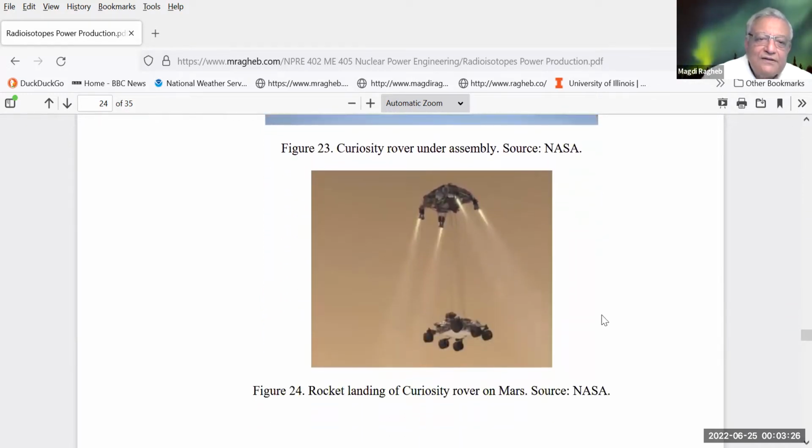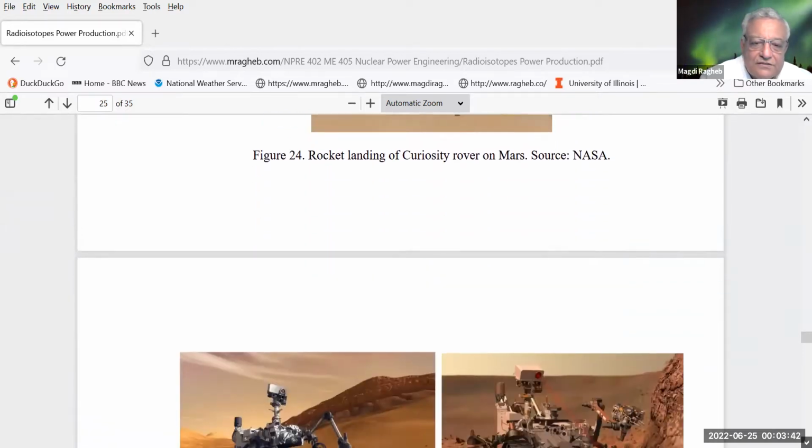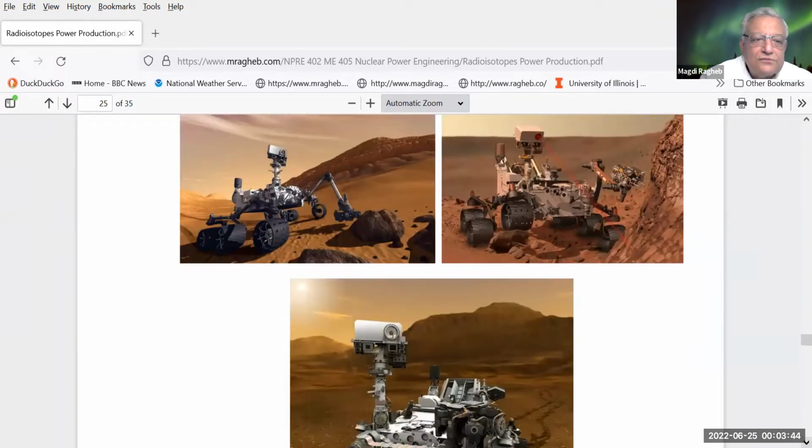This is the way that they lowered it to the surface of Mars. It used rockets here to bring the rover to the surface of Mars. It has a whole set of instrumentation to check the composition of rocks.